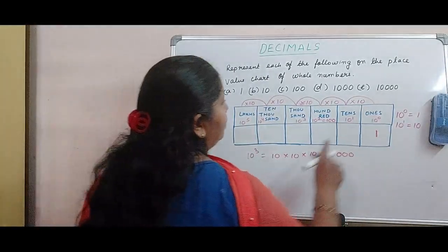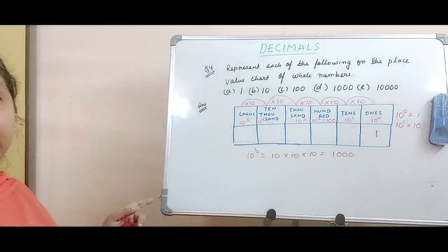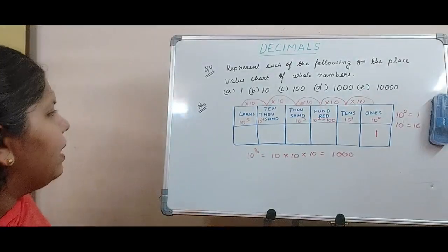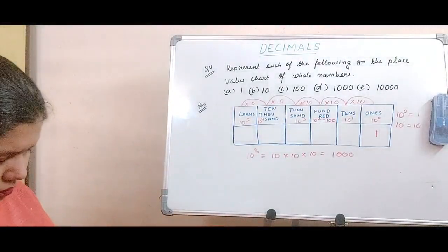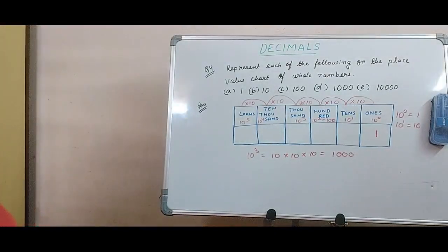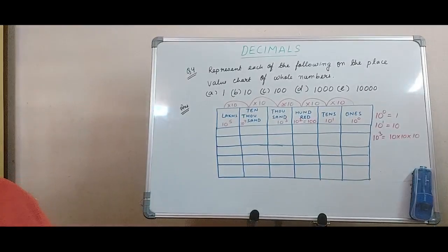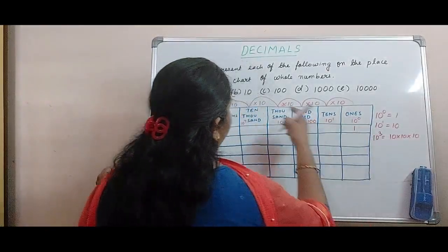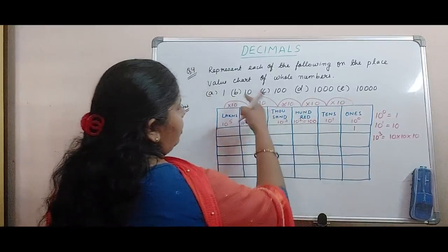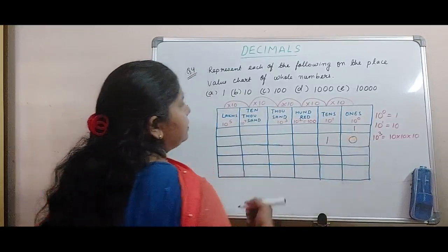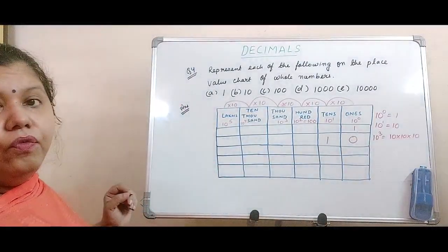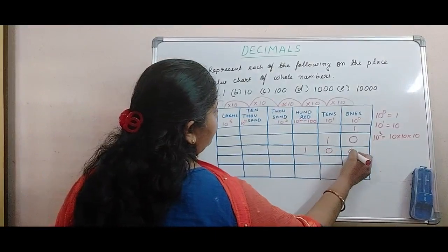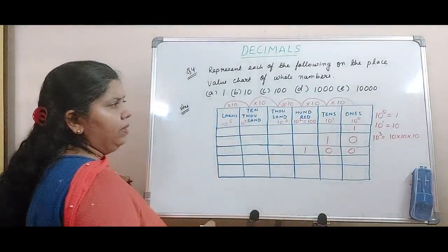Now similarly, you can also represent numbers like 1000. How are you going to represent it? So we have 10 next. So 1 will remain on the tens place and 0 in the ones place. If you have to write 100, how will you write? 1 has to be in the hundreds place, and next 2 zeros, one in tens and one in ones.